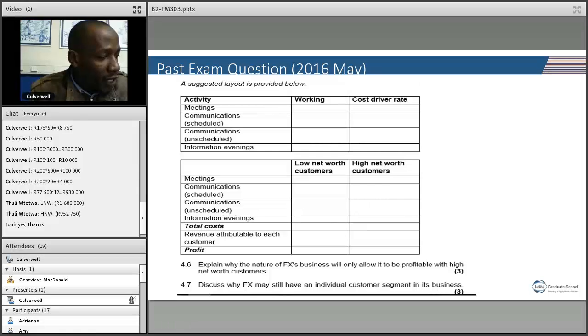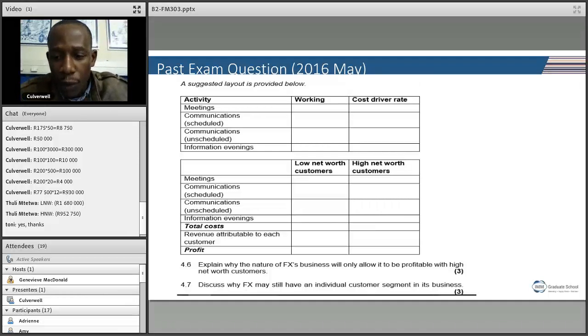So on the interpretations, I'll then move on to question 4.6. It says, explain why the nature of FX business will only allow it to be profitable with high net worth customers. On this one, it's an open question which is everything to do with marketing and also with finance.